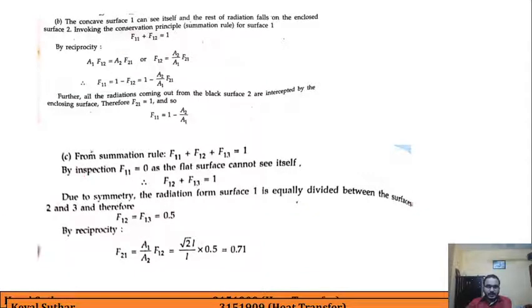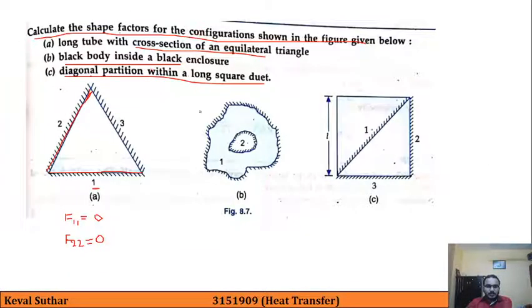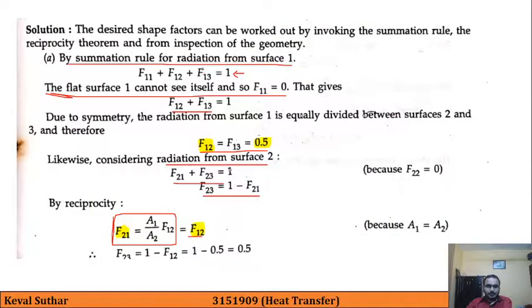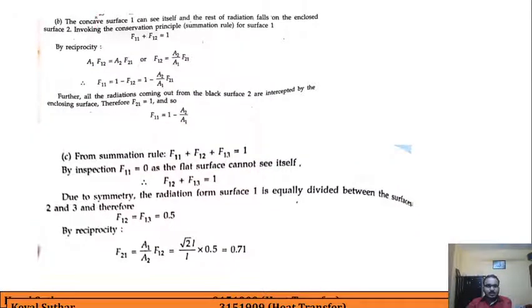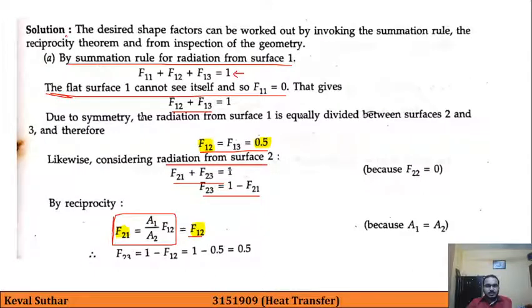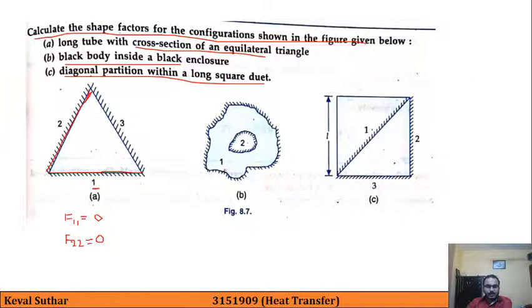Now our next case is a black body inside a black enclosure. Here the concave surface 1 can see itself and the rest of the radiation falls on the enclosed surface 2. So some of the radiation will return back to itself and the remaining will strike surface 2.